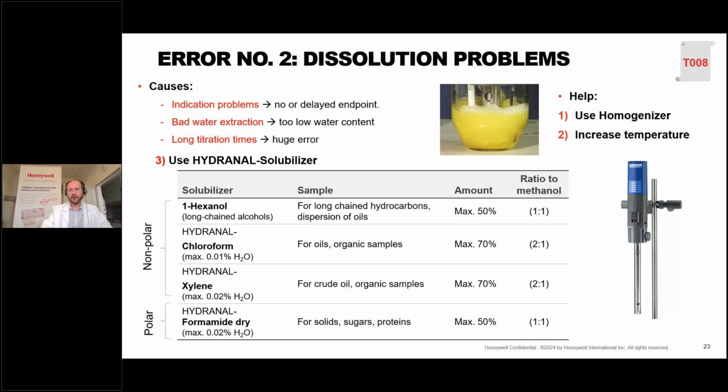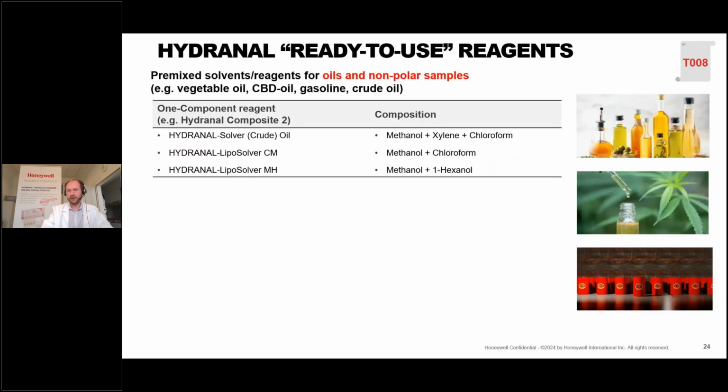You could either prepare these solutions manually by mixing them freshly in the titration cell, or you can save a lot of time by using our ready-to-use premixed solvents and reagents for non-polar samples.